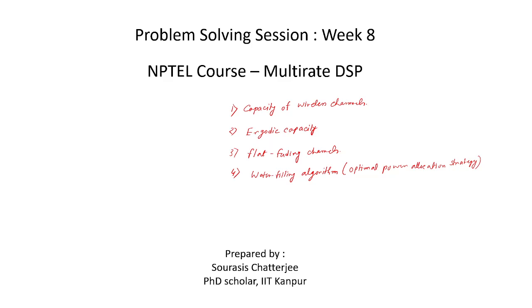That is the concept behind the water filling algorithm. And you don't assign any power to channels which are weaker, based on certain conditions. So with all this in mind, let us move to our first problem.